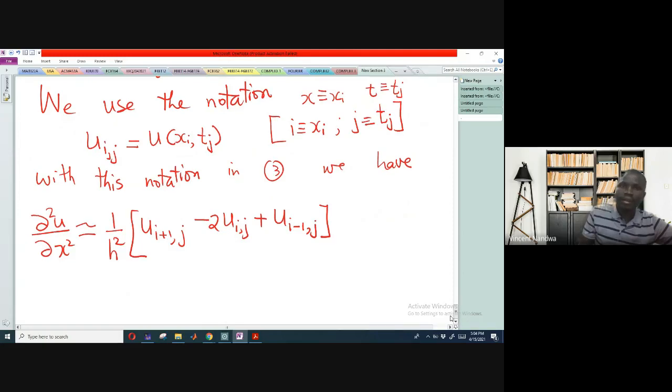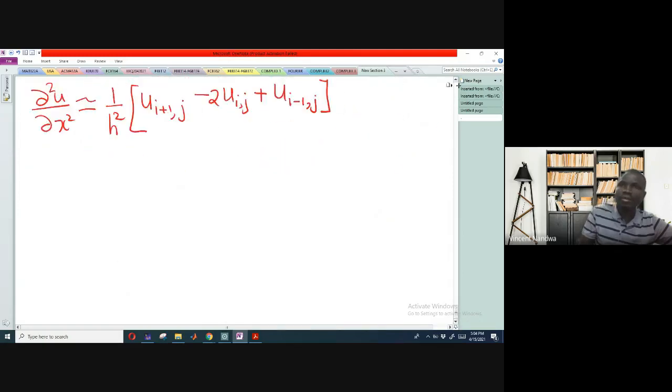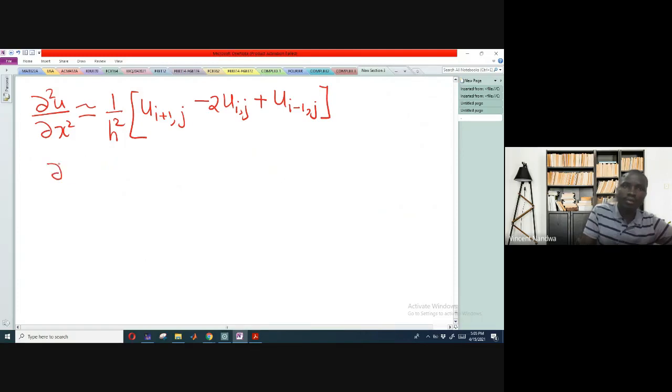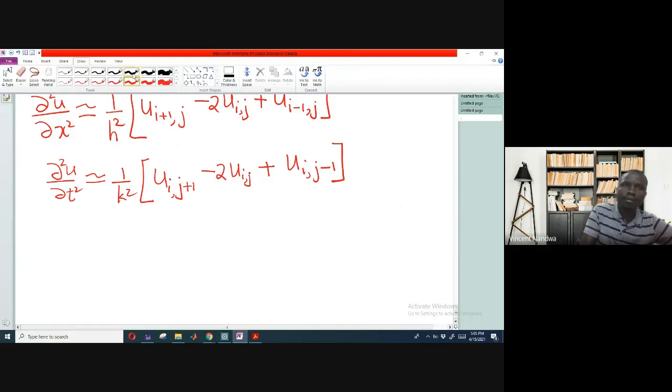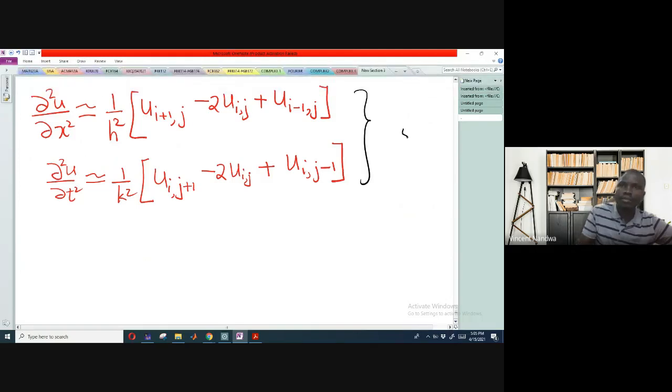And then the second partial derivative will give us partial squared u partial t squared is approximately 1 over k squared into u sub i comma j plus 1 minus 2 u sub i comma j plus u sub i comma j minus 1. Call this one equation 5.